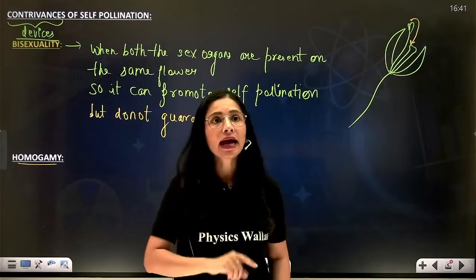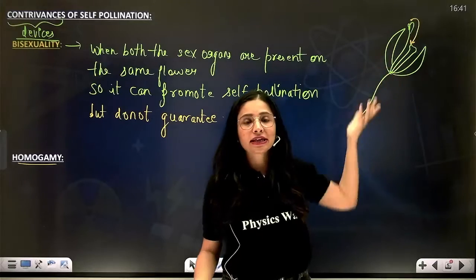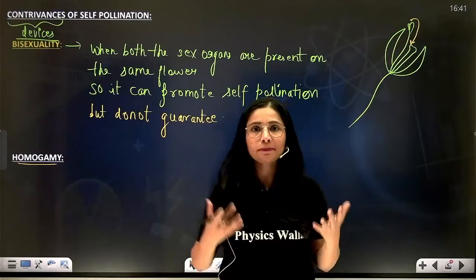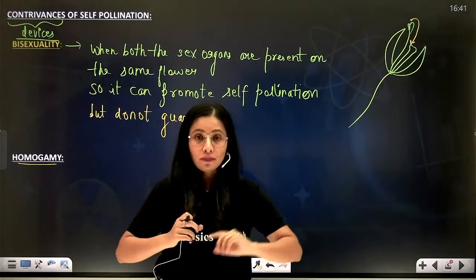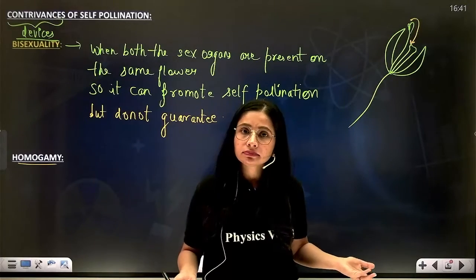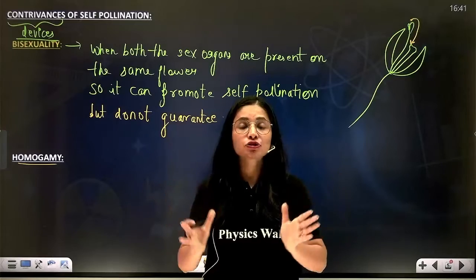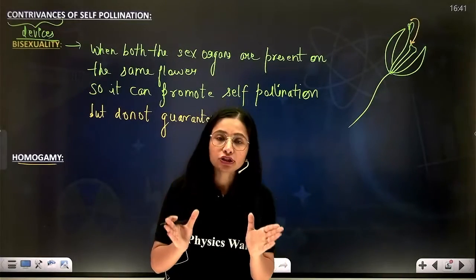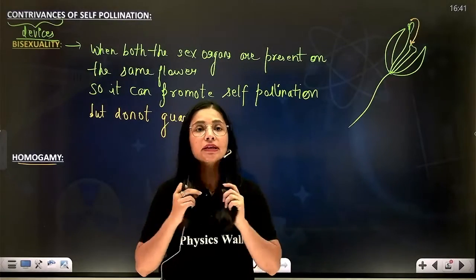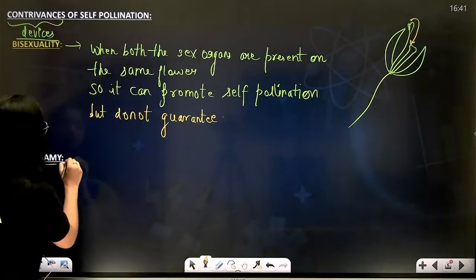It should not happen that pollen grains are matured and released, but the stigma is not ready to receive it. Stigma is still a child. It has still not grown up to receive the pollen grain and to promote further events. Then, what is the point of bisexuality? It is of no use. So, homogamy means that there should be synchrony in the maturation time of both male and female gamete along with bisexuality.